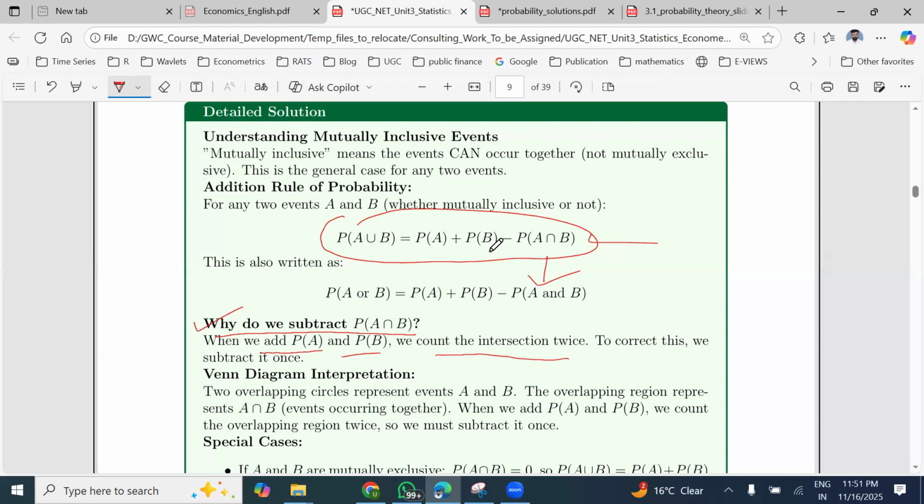To correct this, we subtract it once. Is it clear? Because if you draw the Venn diagram over here, let's say this is A, this is B. So this part is A intersection B. When you are adding the two, then definitely you have to subtract it, right?